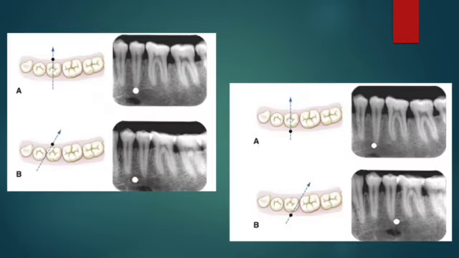The first image shows that the position of an object may be determined with respect to reference structures with the use of the tube shift technique. In the first image, A, the object on the lingual surface of the mandible may appear apical to the second premolar.